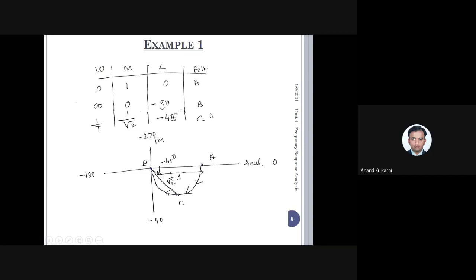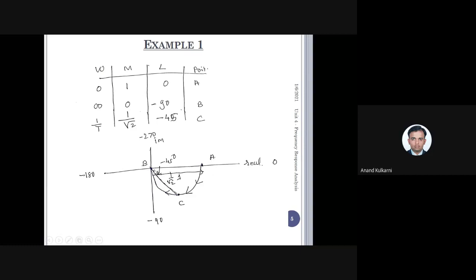So I have plotted the 2 points. I have taken a real axis and an imaginary axis. The first point is A point. A point is on the 0 degree line, which is the horizontal, positive real axis line, because that depends upon the angle. Angle 0 means this line, and this is 180. The magnitude is 1, it doesn't have any sign, positive only.